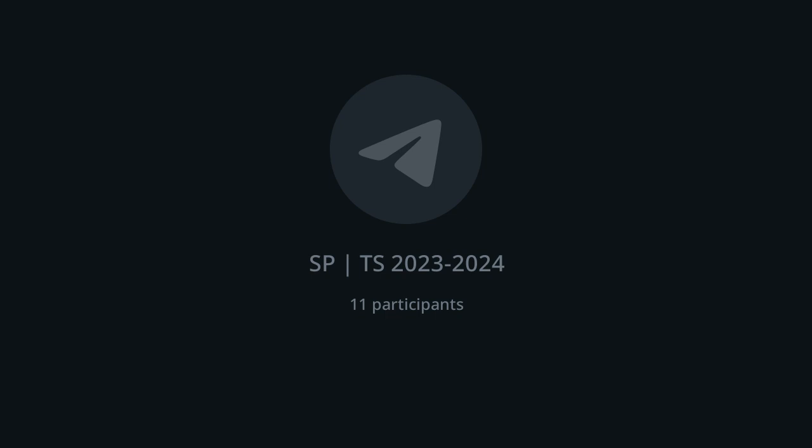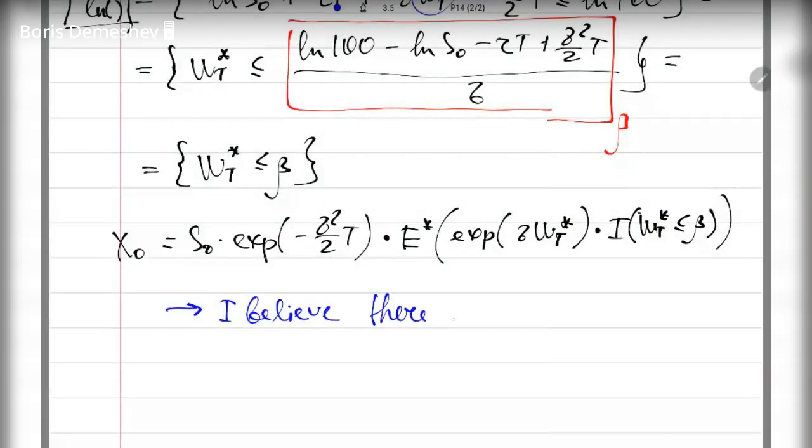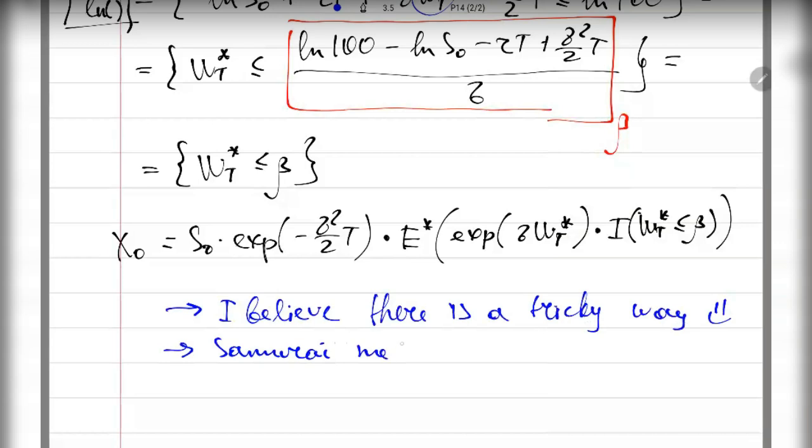I believe that there is a tricky way to do this, something very beautiful, but I don't know it. I know a dumb way. How to calculate the expected value of, let's say, W squared?